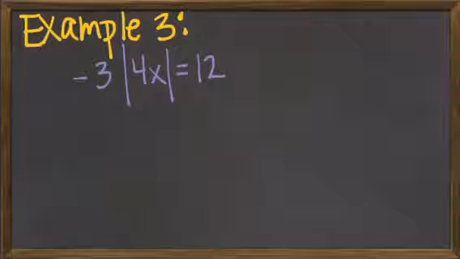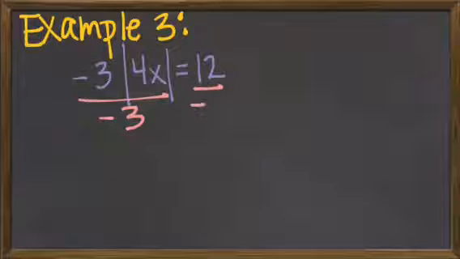In this example, we're going to solve negative 3 times the absolute value of 4x equals 12. When we're solving equations with absolute value, we learned we're always going to solve two equations. However, we need to make sure that we have the absolute value by itself. So what we need to do first to get this absolute value by itself is we need to divide both sides by negative 3.